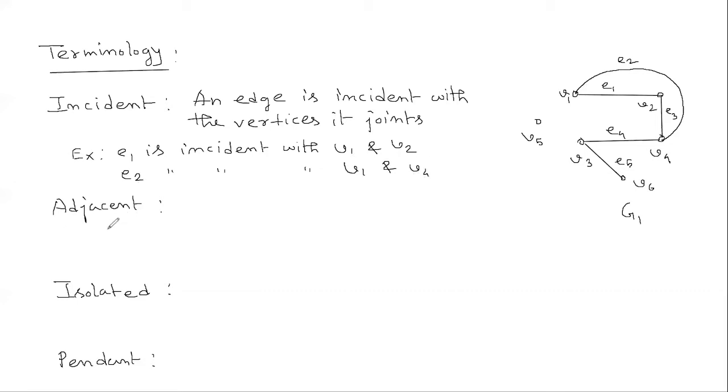Next, the term adjacent. We say two vertices are adjacent or neighbors if the vertices are connected by an edge. Like E1 connects V1 and V2. So we can say V1 and V2, these two vertices are adjacent.